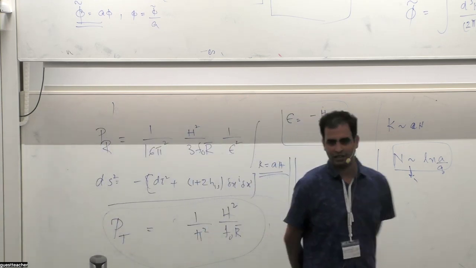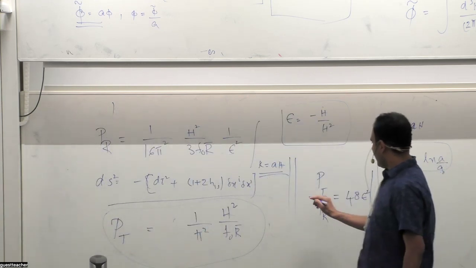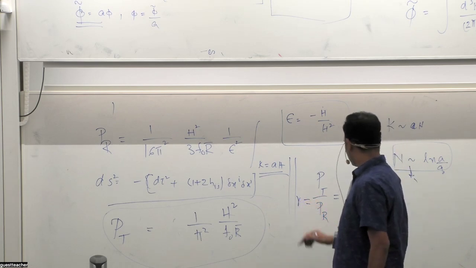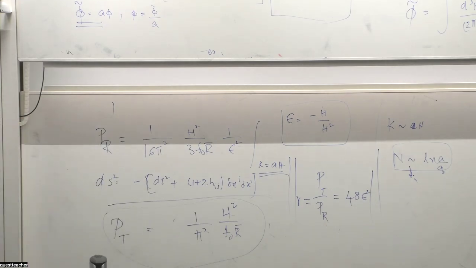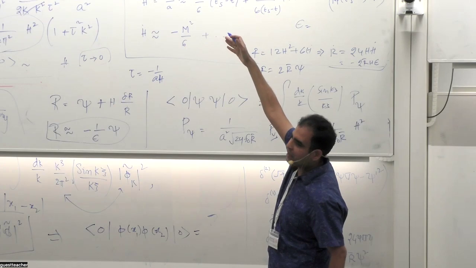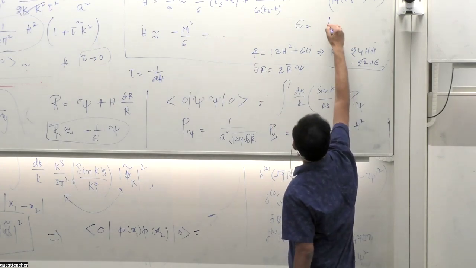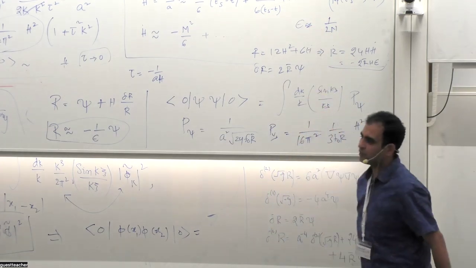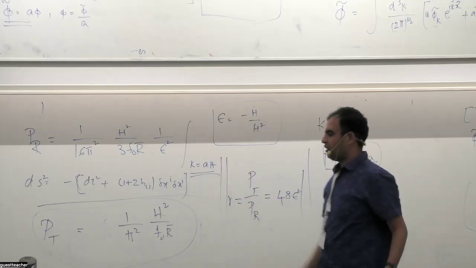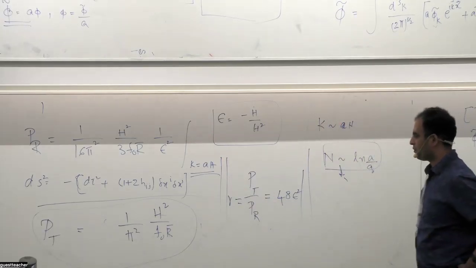That's a definition exactly used by Starobinsky. And this is P_T by P_R. It's called the tensor to scalar ratio. If you compute epsilon from here in terms of so-called e-folds, because you have the scale factor and everything, you get 1 over 2N, approximately. And N is very large because you want inflation to last for some time.